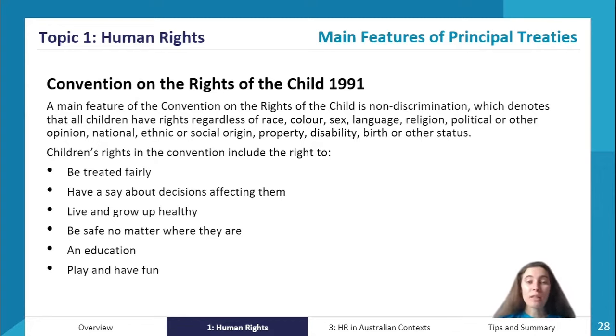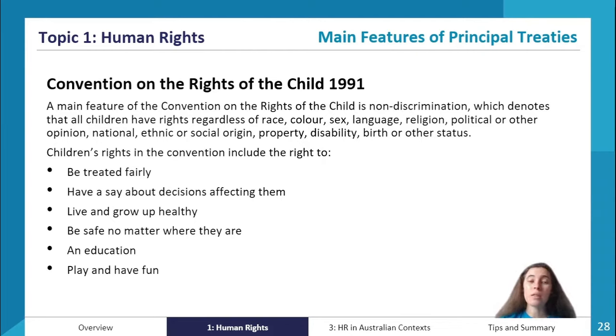So, children's rights in the convention include the right to be treated fairly, to have a say about decisions affecting them. And that's something that's really important because often it's the case of children not having the knowledge and the maturity to be able to make decisions by themselves. And often it's adults making decisions on their behalf.